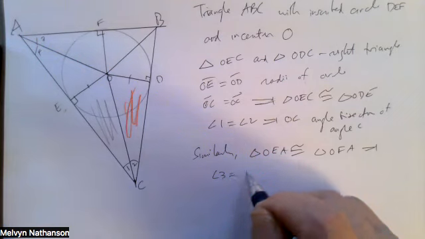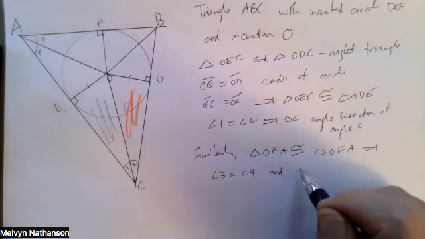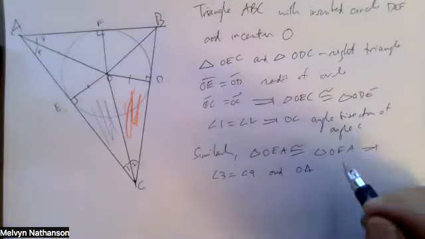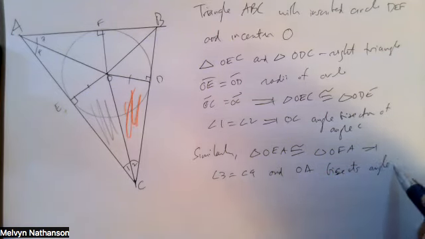So angle 3 equals angle 4. And OA, this line, bisects angle A.